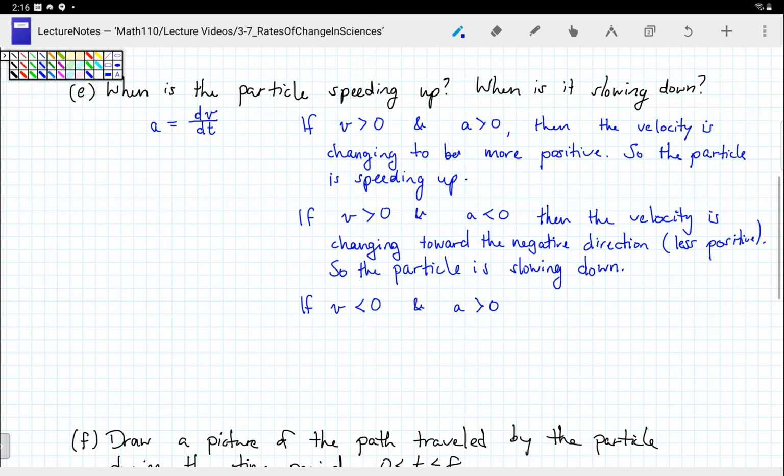That must mean that you are slowing down. So if the velocity is negative and you're moving toward the positive direction, you're becoming less negative. It's becoming a smaller and smaller negative number. So I'm just going to summarize that: you are slowing down.